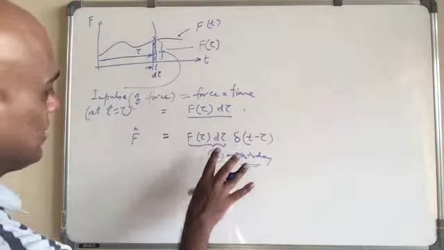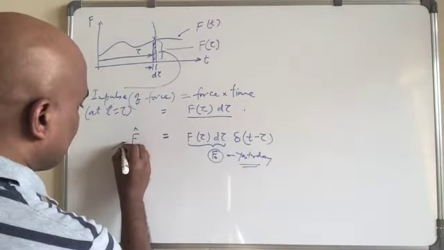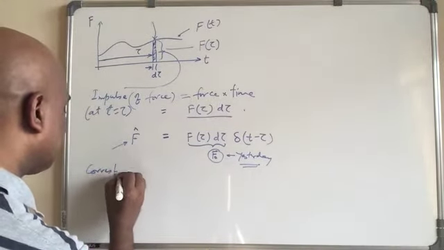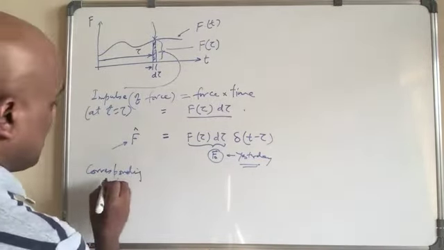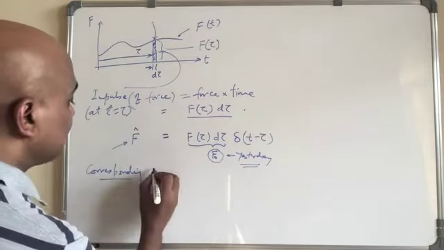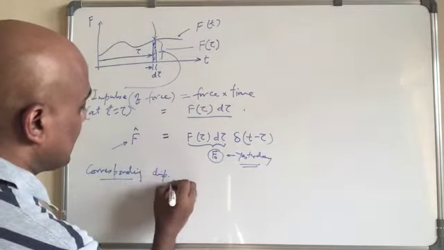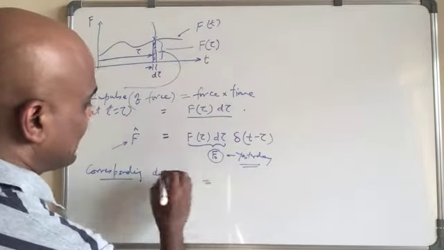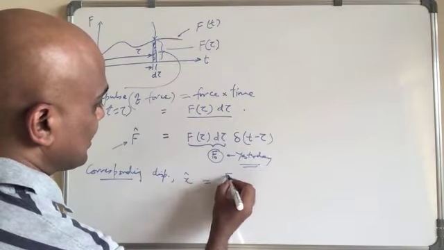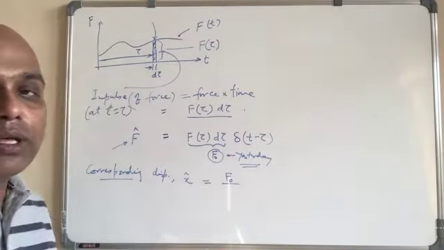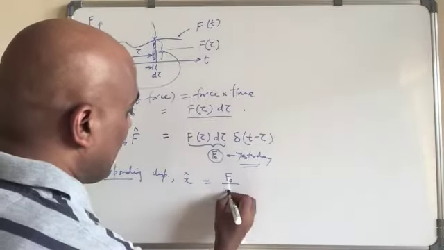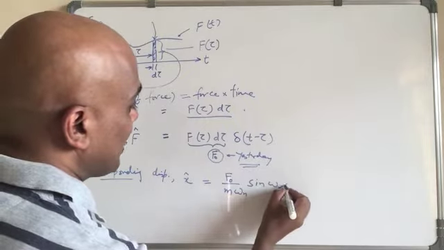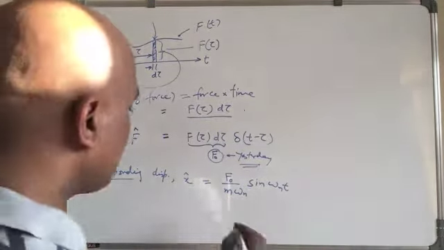We know that for this force, the corresponding displacement x hat is, as we found yesterday, F naught over m omega n times sine omega n t.